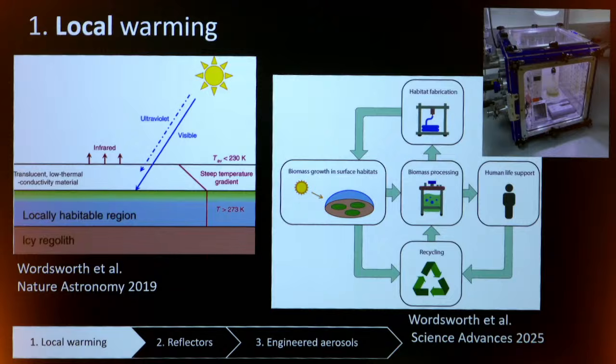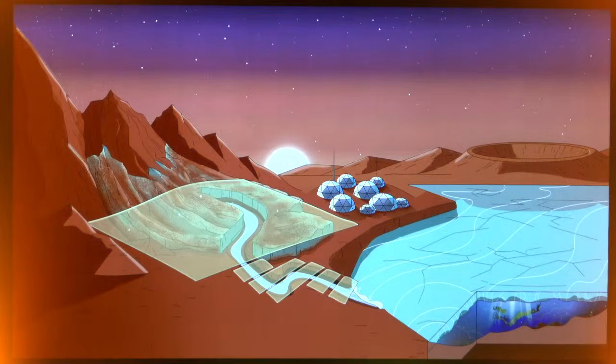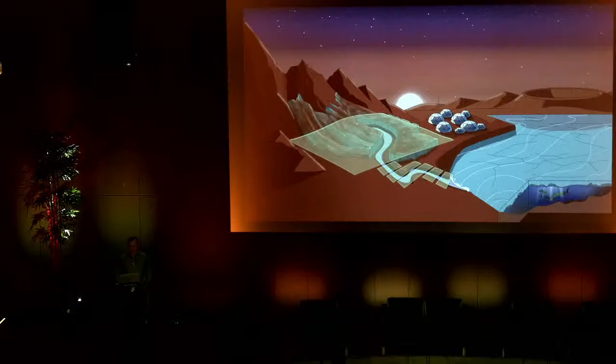And so 3D printers can then print more bioplastic habitats, allowing for production of more algae. The algae themselves, once the self-growing habitat is extended to sufficient size, can be used to produce oxygen or food or other things that are useful for humans. And so one can imagine scaling this up to produce meltwater at a local but multi-kilometer scale.